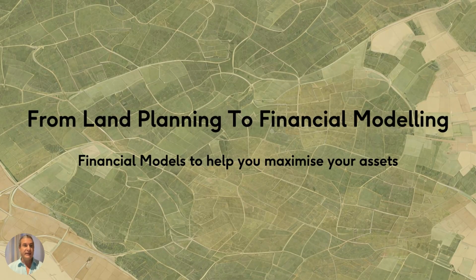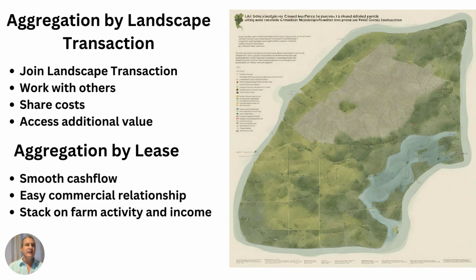You need to take what you do through the land planning and actually understand the financial implications for yourself. So, if you come in via the Landscape Impact Program, you're going to have to look at the financial implications of joining that landscape transaction, accessing a bigger narrative, accessing a bigger transaction, how working with others improves the overall transaction. Maybe you can share costs, or maybe you can tap into additional value.